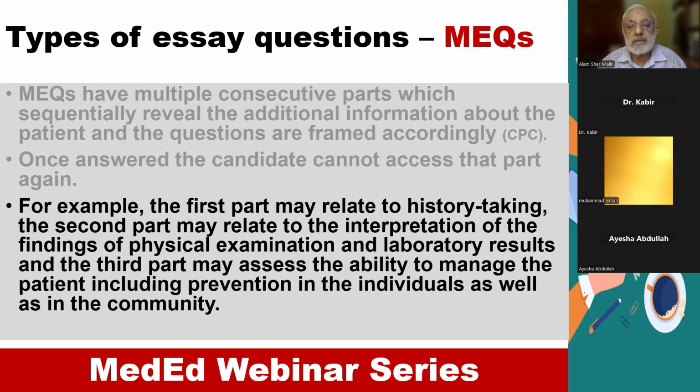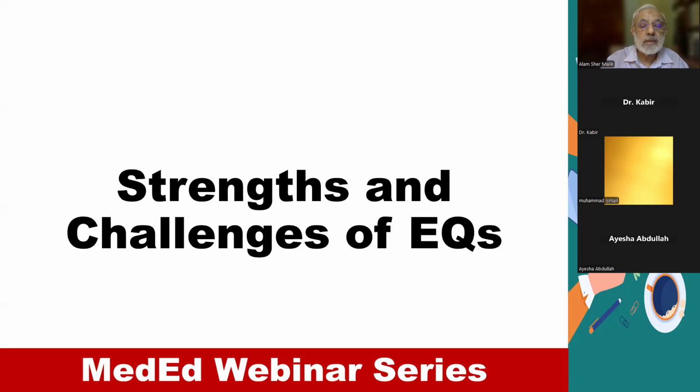The second part may relate to interpretation of findings of physical examination and laboratory results. And the third part may assess the ability to manage the patient, including prevention in the individual as well as in the community. So there could be different formats or sequences. This is the most common one which we use in our modified essay questions.